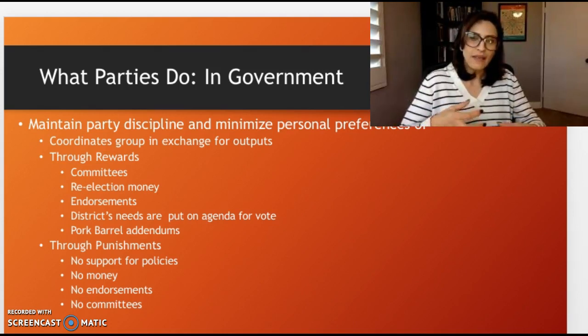and they reward them by giving them committee seats, by giving them re-election money, endorsements, anything that their district needs. They can put pork barrel addendums into an existing bill that's up for a vote in order to reward a member as long as he or she stays within the party and votes with the party on all things.